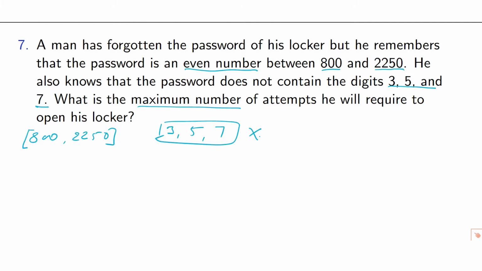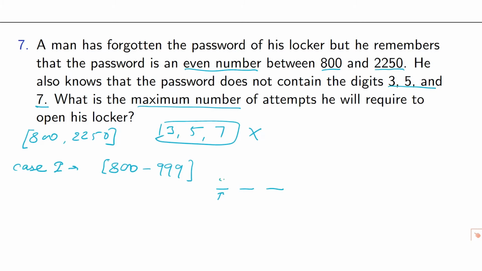So let's count the number of 3 digits first. First case, the numbers between 800 to 999. So it is a 3-digit integer. For the first place, we have only 2 choices, 8 and 9.